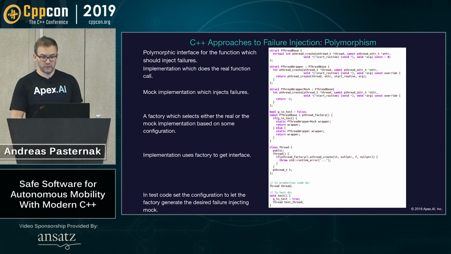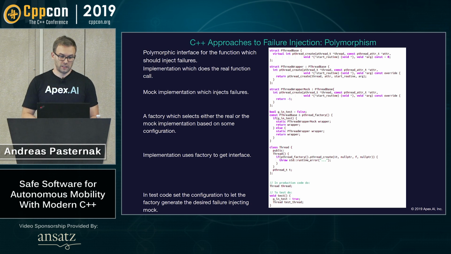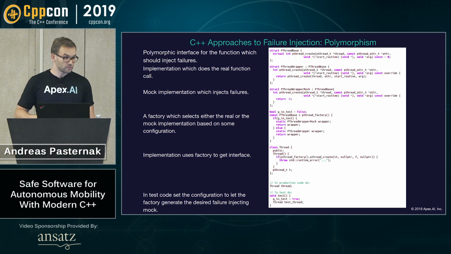Another way to do failure injection is using polymorphism. It's very similar. You would create a polymorphic interface for the function which would inject failures, and then you have an implementation which does a real function call. Additionally, you need a mock implementation which injects the failure.